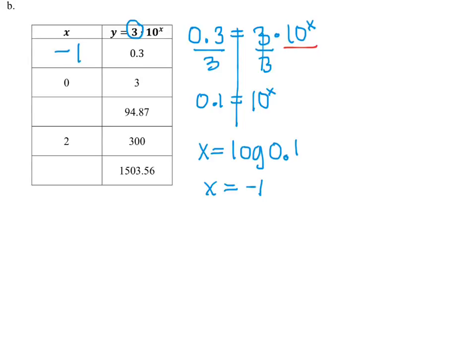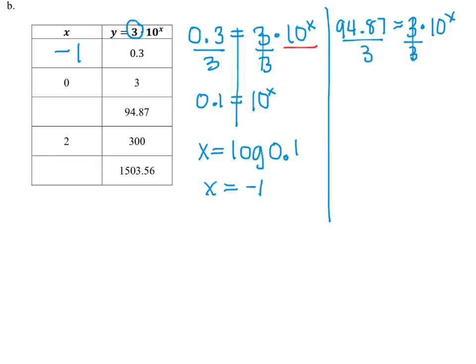I'm going to do the same thing for the 94.87 and the 1503.56. So 94.87, I'm going to say is equal to 3 times 10 to the x. I'm going to go ahead and divide both sides by 3. So when I divide 94.87 by 3, I get 31.623 is equal to 10 to the x.